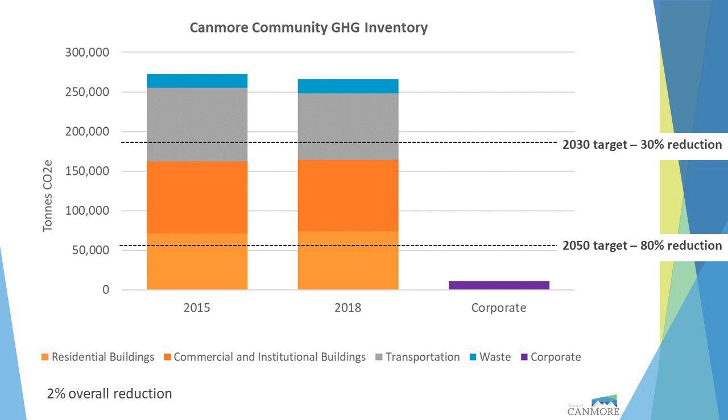Our facilities team does great energy efficiency work. They've been trying to maximize our solar on our rooftops. But this really shows that even if we went net zero tomorrow on our corporate inventory, we wouldn't actually be making a big dent in terms of achieving the 2030 target or the 2050 target. And we need to be focusing on the policy levers and different things that we can do in the community.